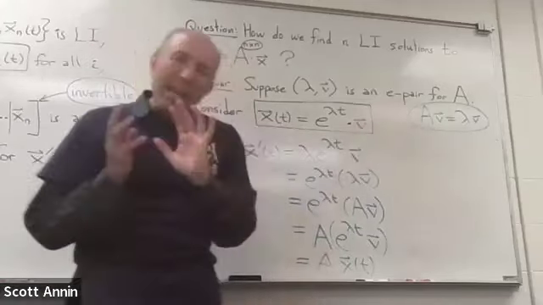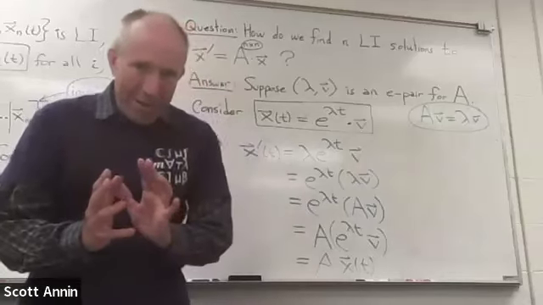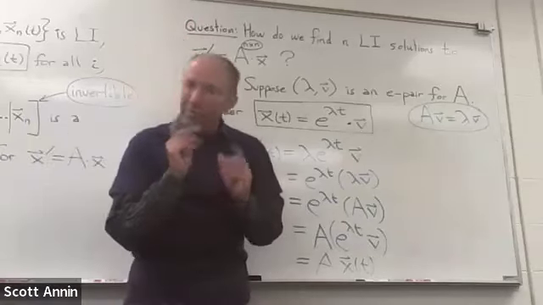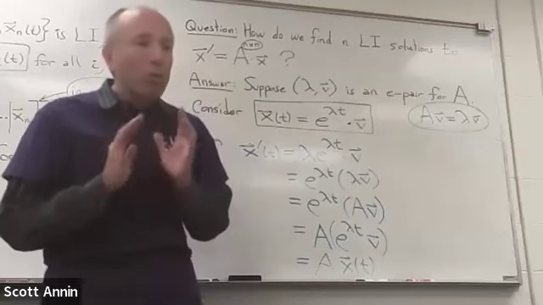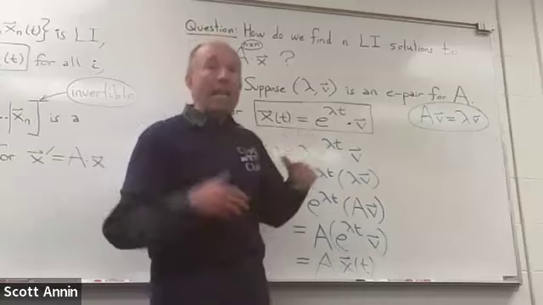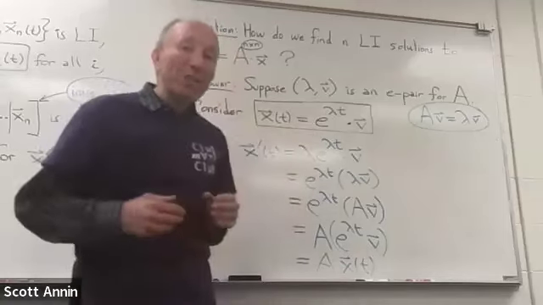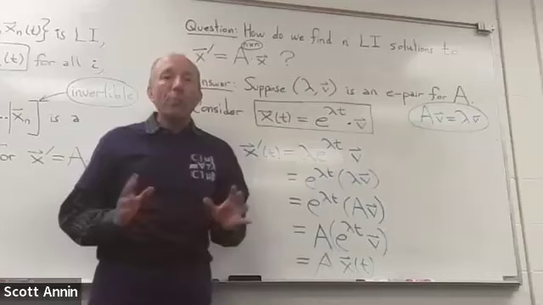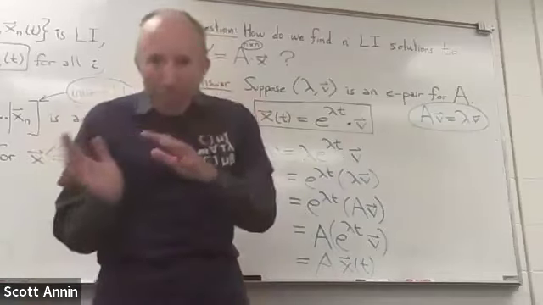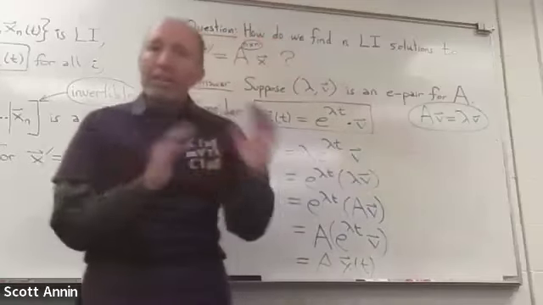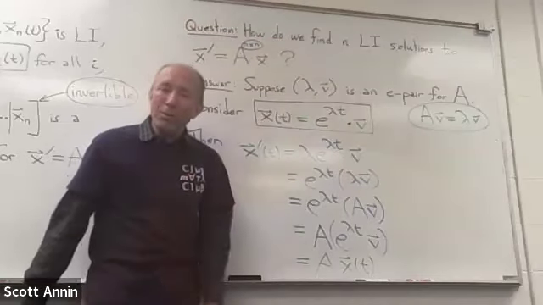On the other hand, if we have a defective matrix, that could be an issue. If the matrix A is defective, we might have trouble coming up with as many linearly independent solutions as we need. So this is going to be the next thing we're going to talk about, the difference between a non-defective and a defective linear system of differential equations.